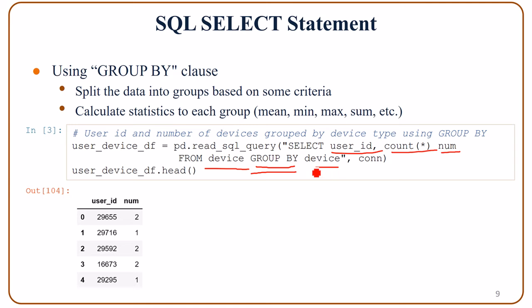So for each device, it prints the user ID and the number of devices of that user ID. So this is what we have with group by.